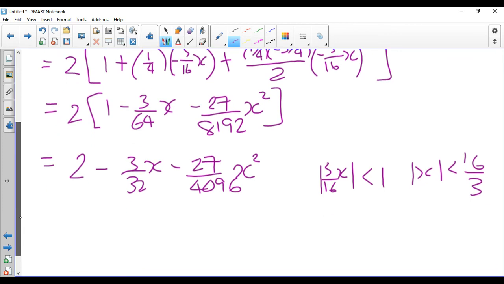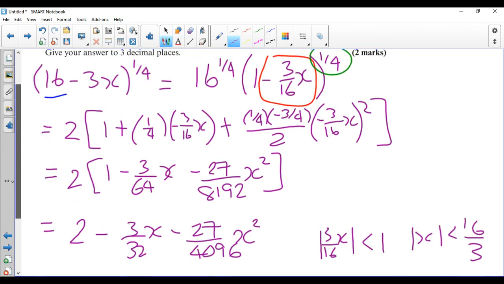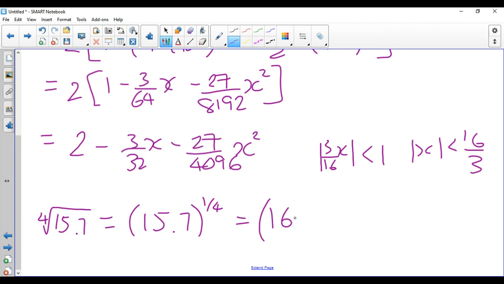Okay. Right, now I would like to use a suitable value of x to obtain an approximation for the fourth root of 15.7. Now, if we put that in index form, that's 15.7 to the quarter. Oh, wait, that looks familiar. What value of x will make it work for our expansion? Well, our expansion was 16 minus 3x to the quarter.